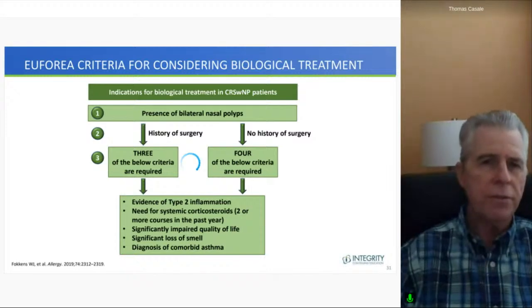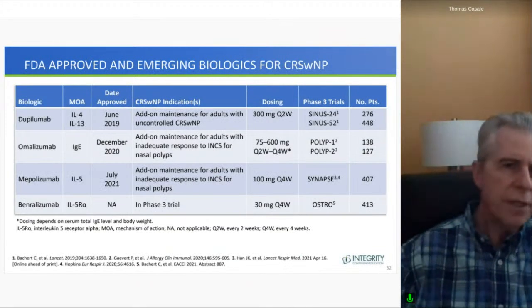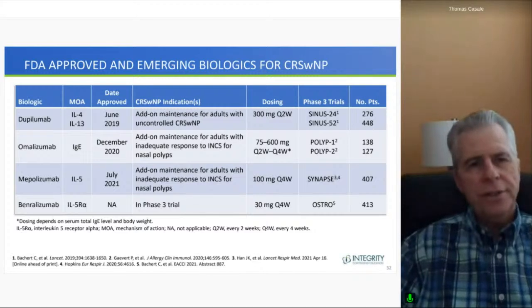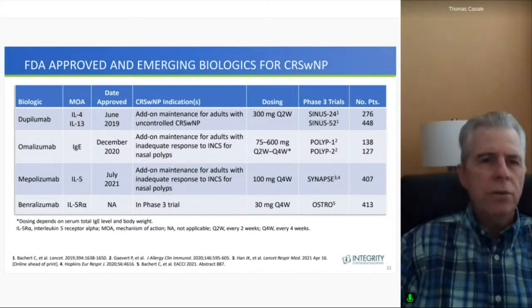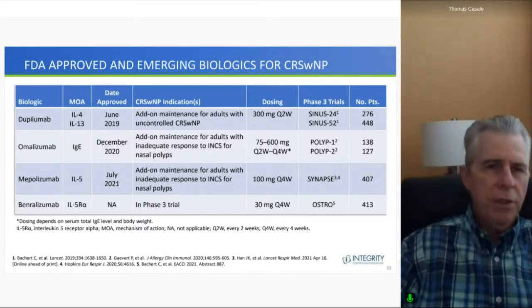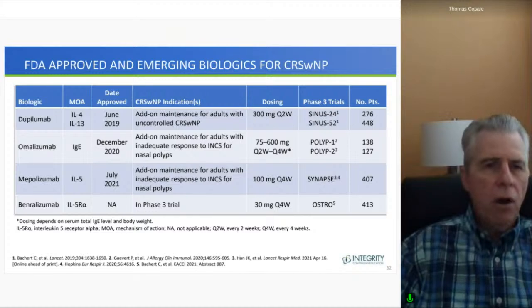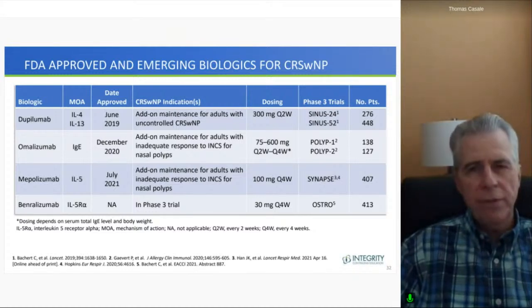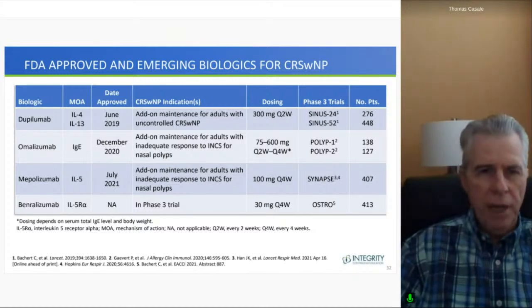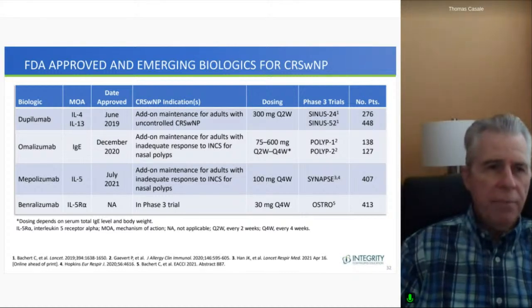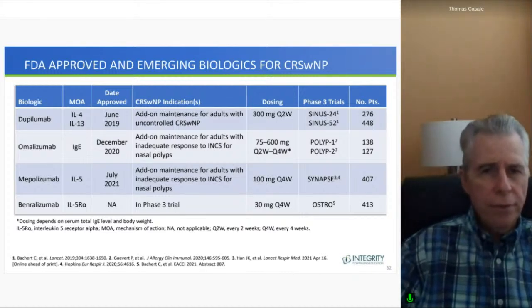If you meet those criteria, then you have choices of biologics. So the first 3, DUPILUMAB, OMALIZUMAB, mepolizumab, and I'll show you a little bit of the data in a second, are all approved for the treatment of chronic rhinosinusitis with nasal polyps. DUPILUMAB blocks the IL-4 alpha receptor, and as such, blocks the effects of both IL-4 and IL-13.